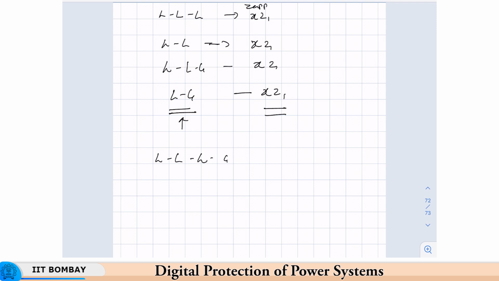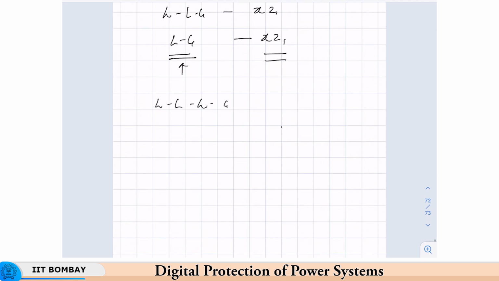Okay. So now let's get back to our transmission line model. And what we are saying here is this.